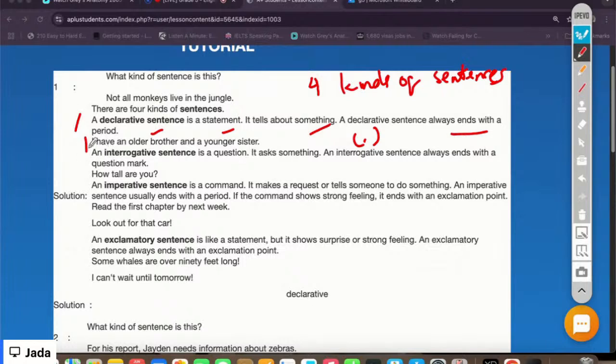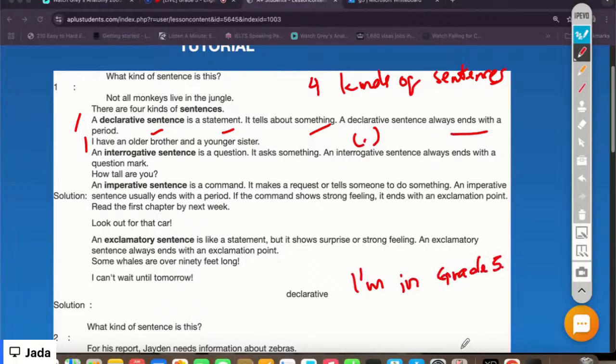Just like we have over here: I have an older brother and a younger sister. So you can also say, I am in grade 5.